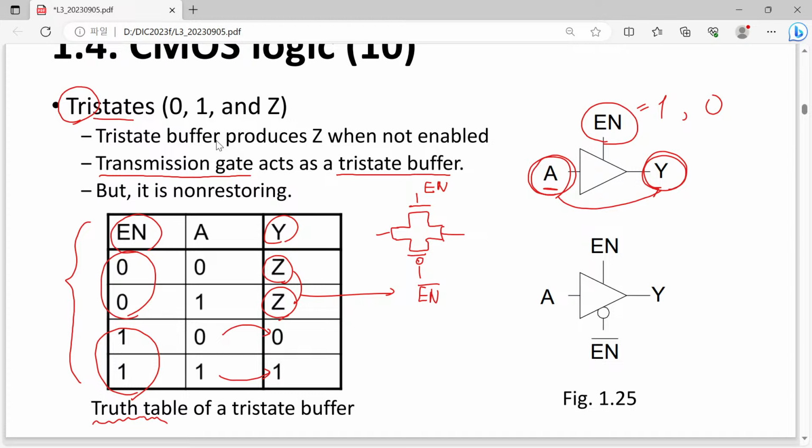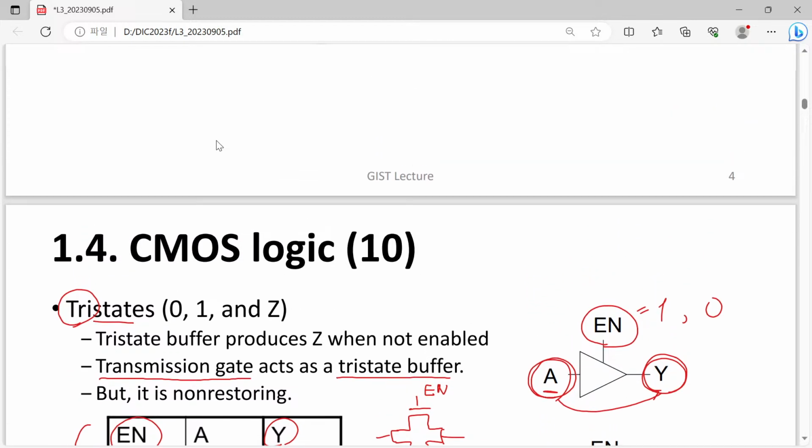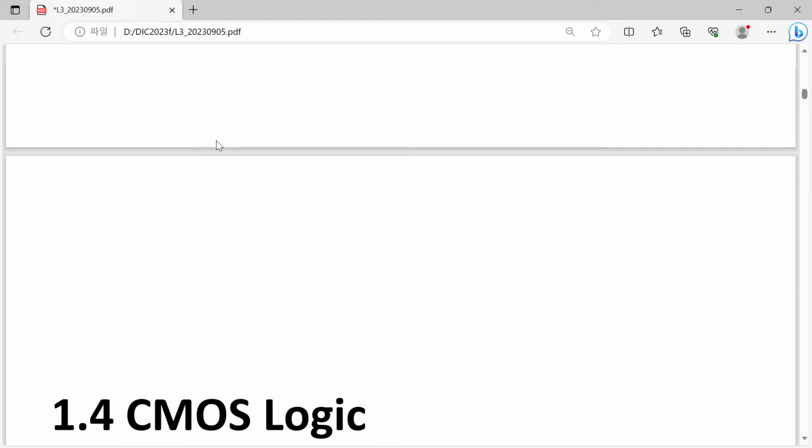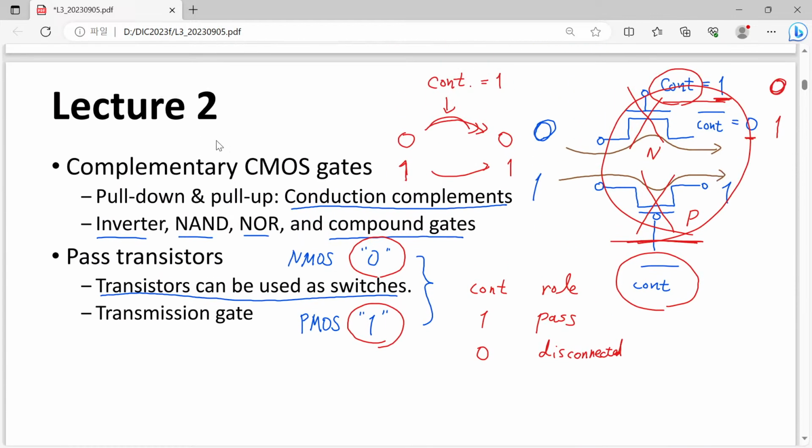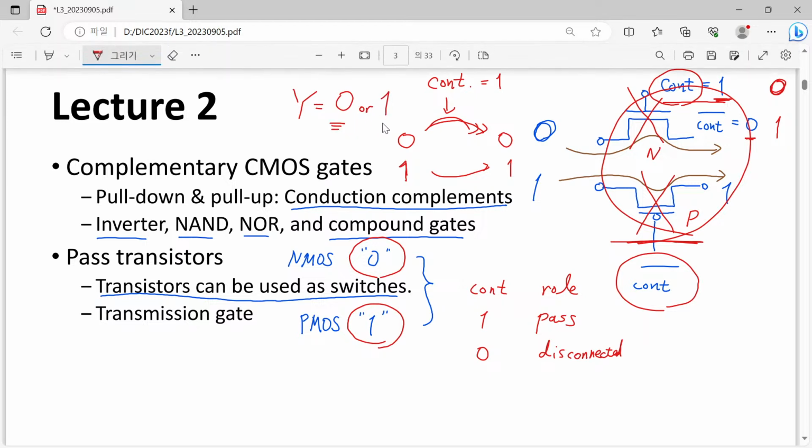Usually, when we come back to our previous complementary CMOS gates, the output Y can have either 0 or 1. There are no other choices for its output value.